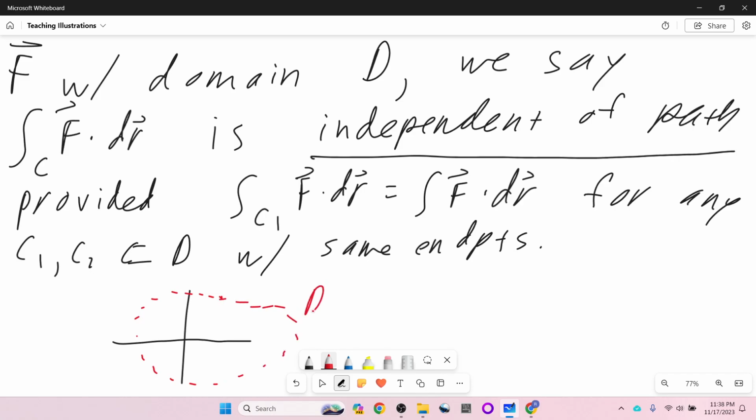I'll call that D. And I'll say we're doing some integral from A to B. And so let's say this is our curve C. Well, if this is independent of path, that means we could take any other path from A to B and get the same answer.